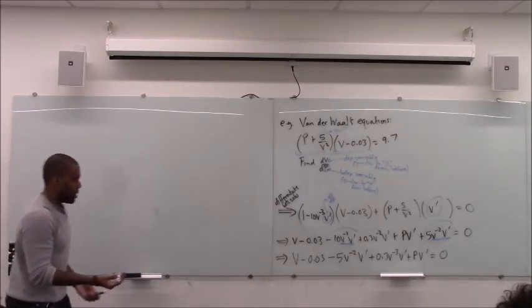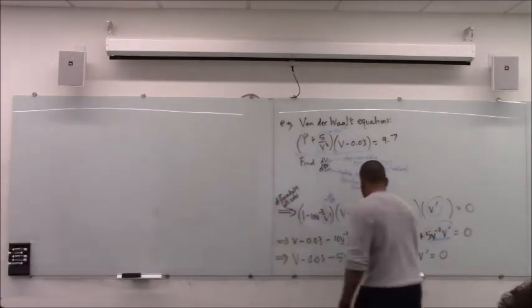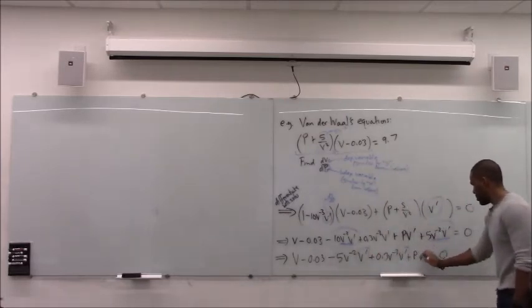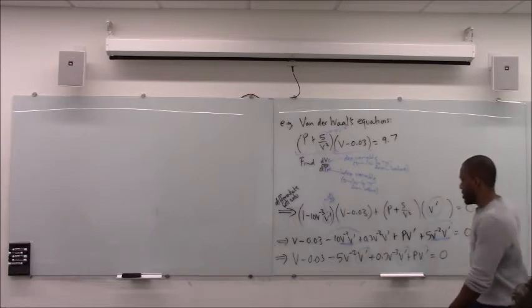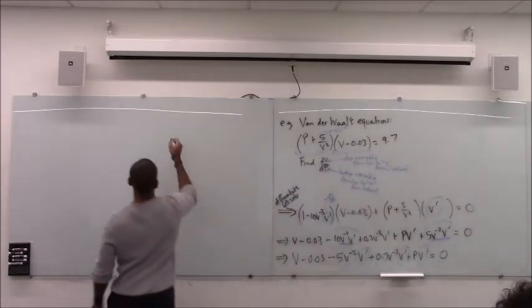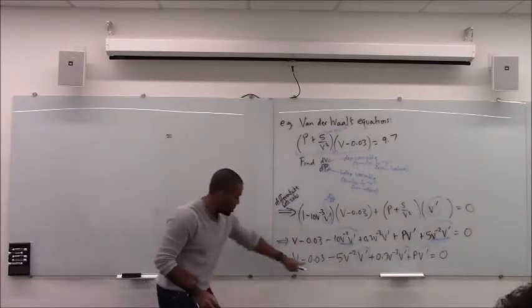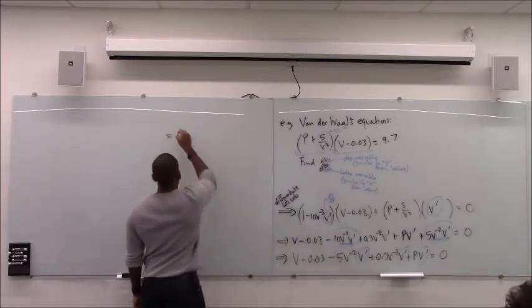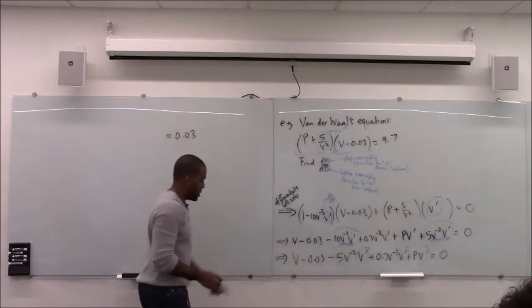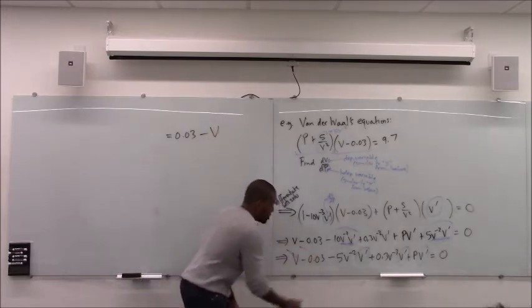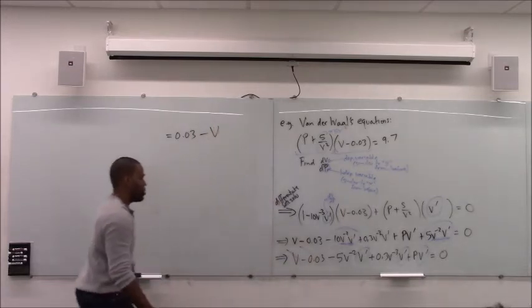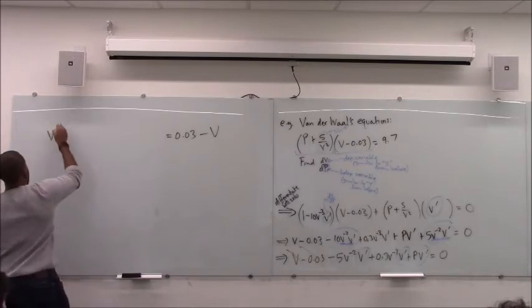Yeah, so now I just want to solve for the v prime. So I just want to isolate all the guys with the v primes here. So everyone who doesn't have a v prime can move to the other side. Right? So on the right side, I'm going to add the 0.03 and then subtract the v. So those guys go away. And on the left side, v prime is a common term, which I can factor out.